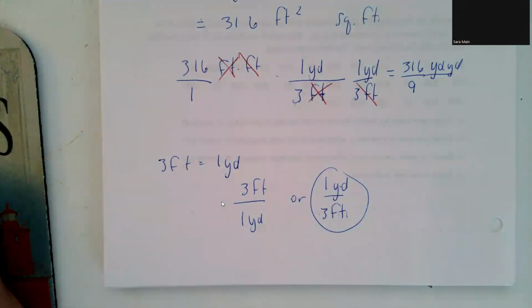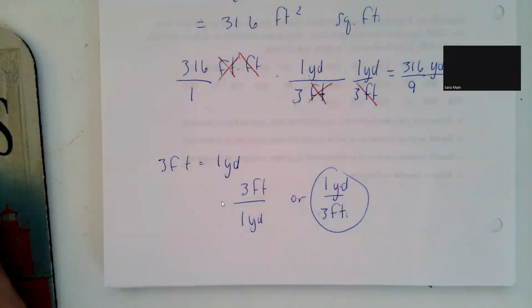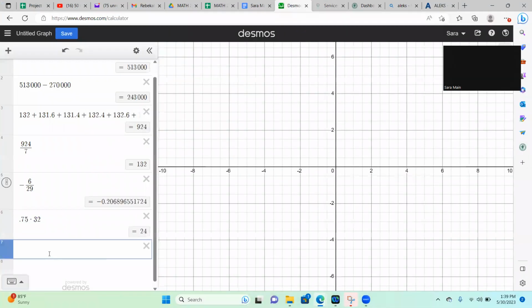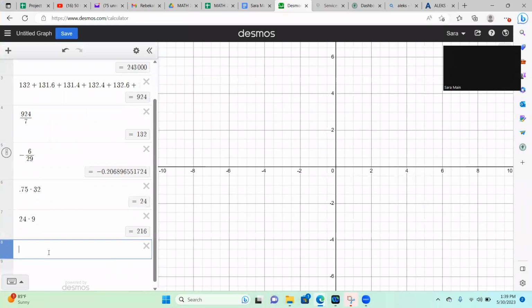And we will do that in Desmos. And actually it was 216 because I multiplied in my head. So it's really 216.